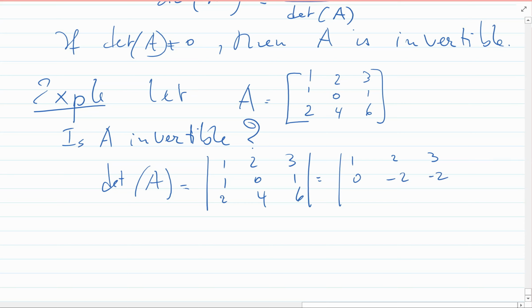And let's take the last row minus 3 times the first row: 0, minus 2, 0. Hmm, as computed: 2 minus 2 is 0, 4 minus 4 is 0, and 6 minus 6 is 0. As we can see, the last row has all entries 0, therefore the determinant is 0, therefore A is not invertible.